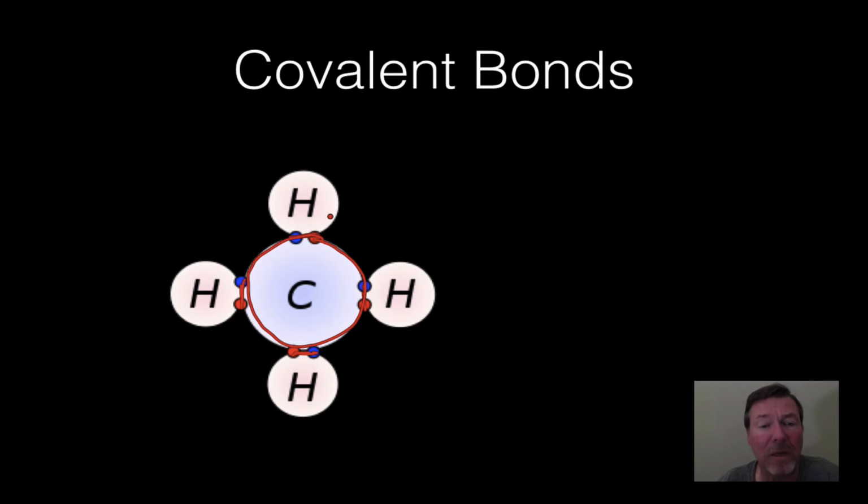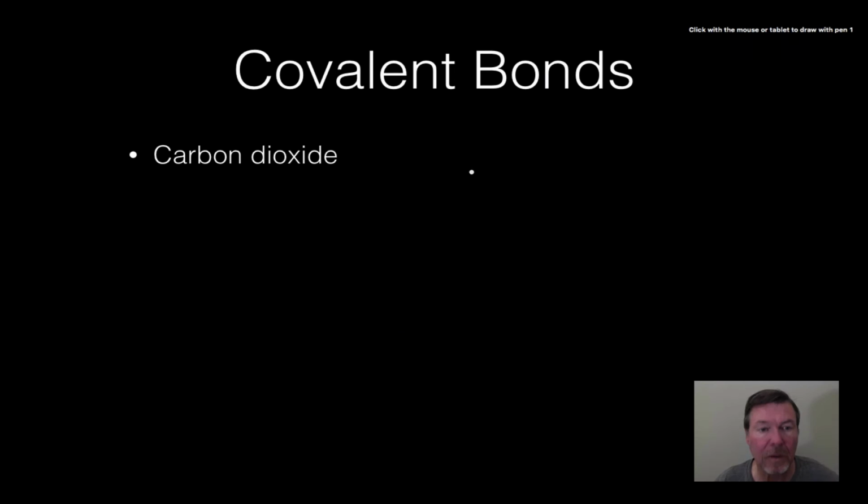It's sharing them. And so it's a very strong bond. It's a very common bond, and it takes a lot of energy to break. Covalent bonds are 2 or more atoms sharing electrons in order to fill that outermost ring with either 2, like in the case of hydrogen, or 8, like in the case of most other atoms.